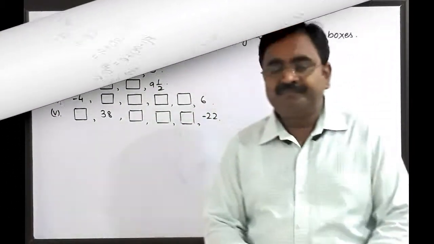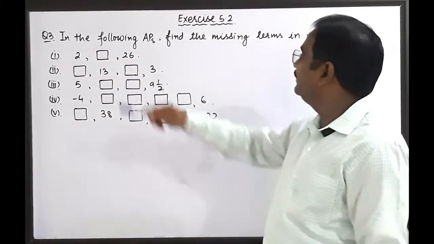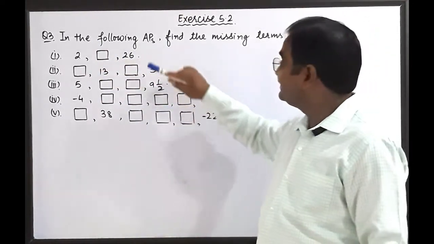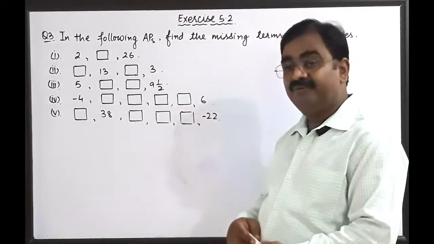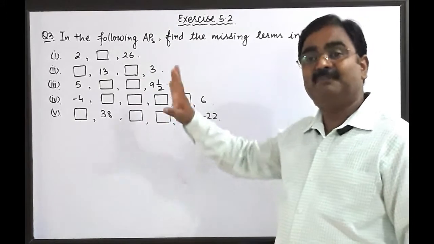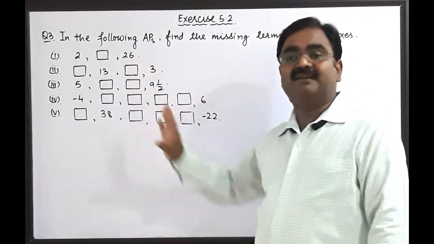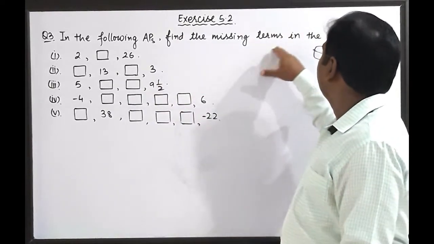Okay friends, so let us see question number 3. In this it is given, in the following APs, these are 5 arithmetic series given. Find the missing terms in the boxes.